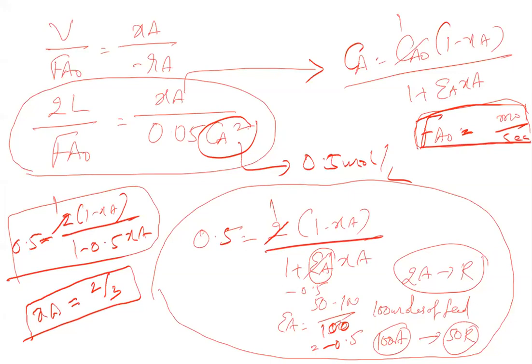CA naught equal to 1 is given, no? Read the problem. CA naught equal to 1.